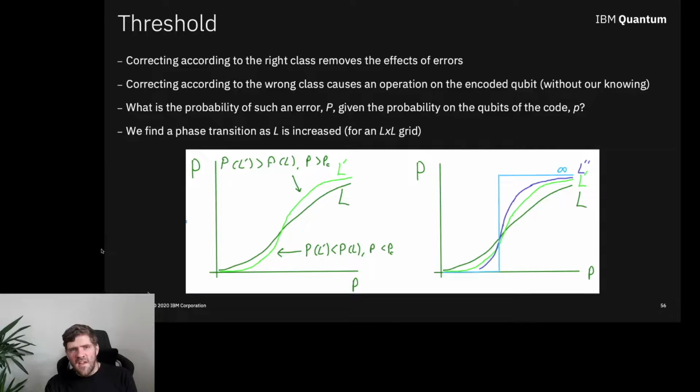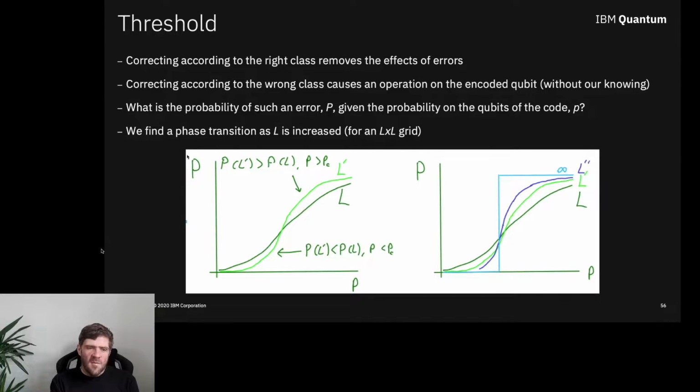The idea is to try and get a threshold, and a threshold means that if we plot the probability that our decoding goes wrong against the probability that errors happen, so you could take the little p here as just being a probability of bit and phase errors on each qubit, the probability of a measurement lying.